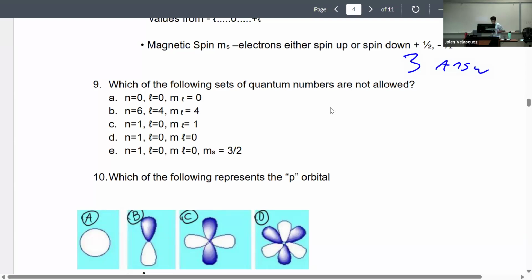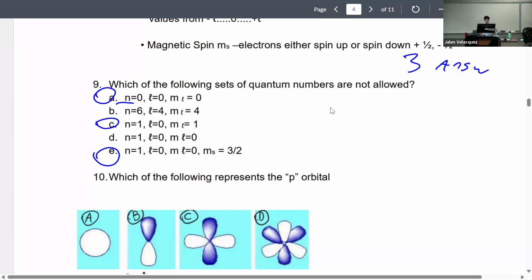All right, so for number 9, what do we think our answers are going to be? A, C, and E.